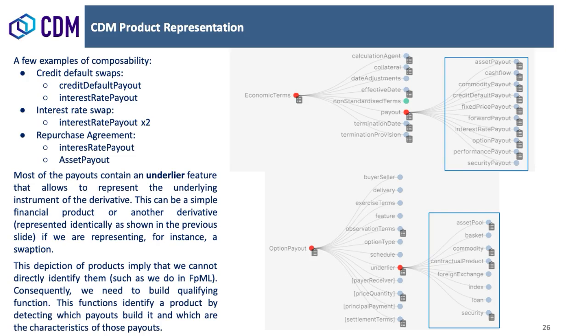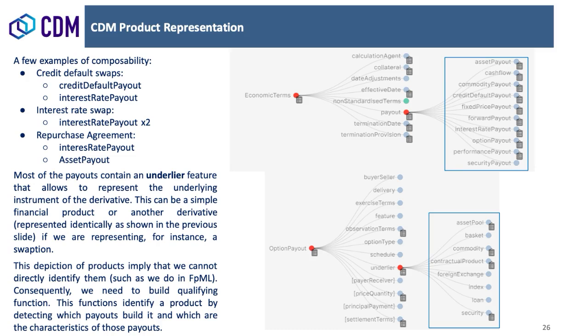So in CDM, we have a set of functions whose job is to simply look at the payout structure that you have in your product and determine what type of product it is. Those qualifying functions will tell you, oh, this is an interest rate swap. Oh, this is a credit default swap on an asset-backed security. So those functions will take care of the actual product representation.